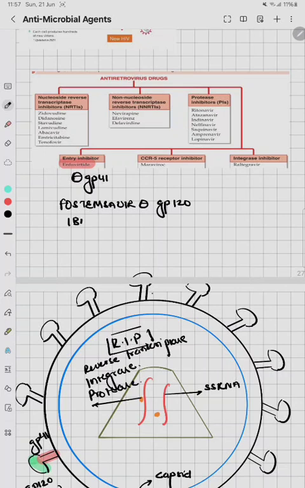There's also ibalizumab, which inhibits CD4 receptors. You also have lenacapavir, which inhibits the capsid. This is a capsid inhibitor. Okay, moving on.